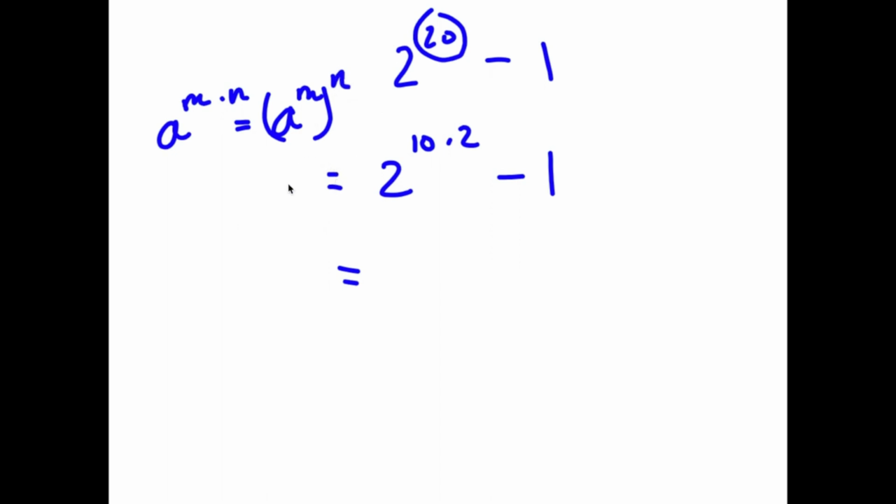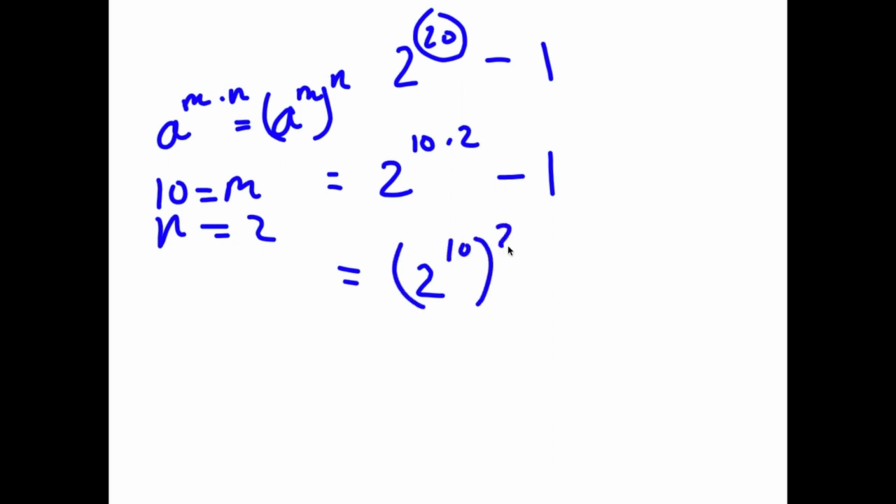So 2 to the power of 10 times 2, we can think of 10 as m here and 2 as n. So it's going to equal 2 to the power of m, which is 10, to the power of n, which is 2, minus 1.